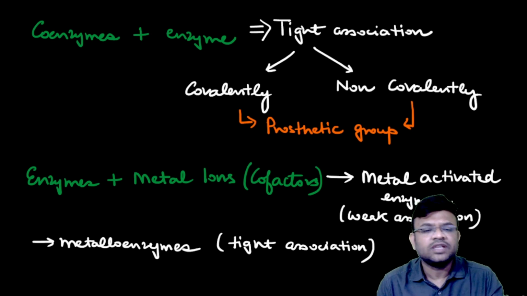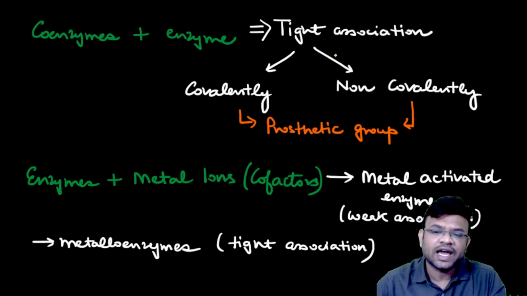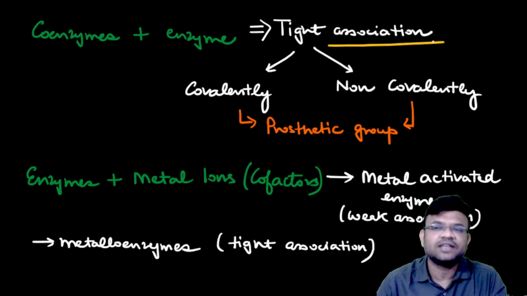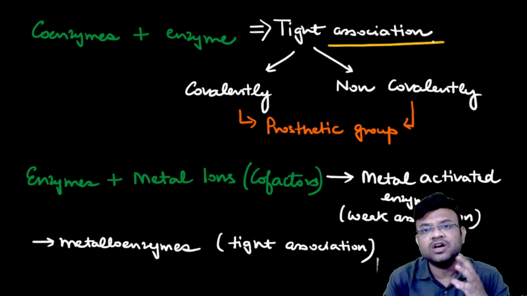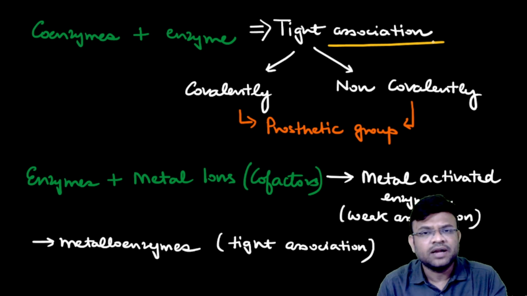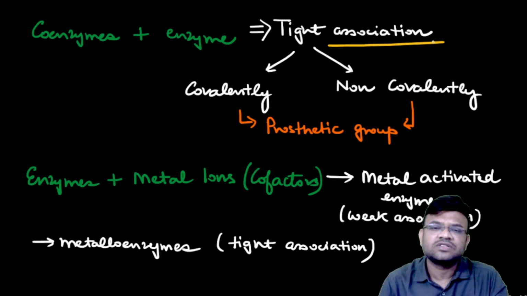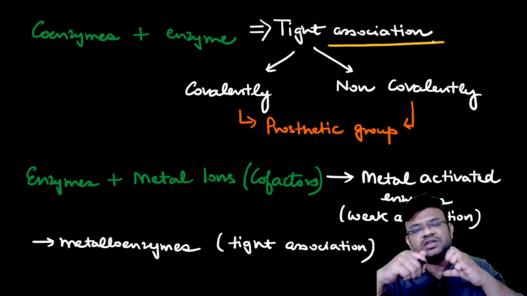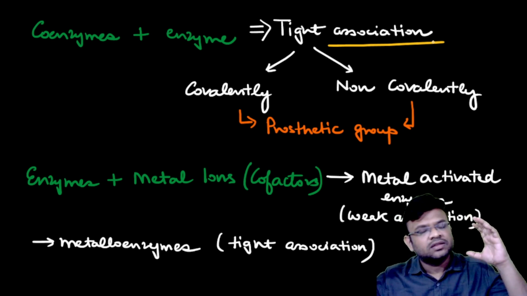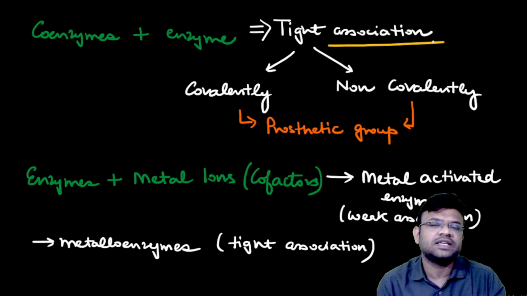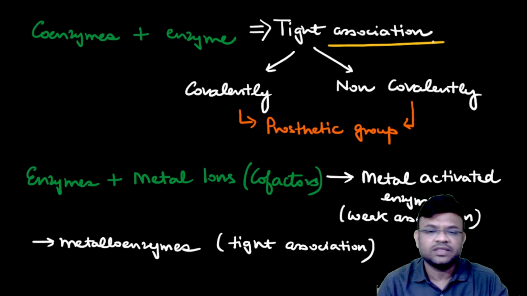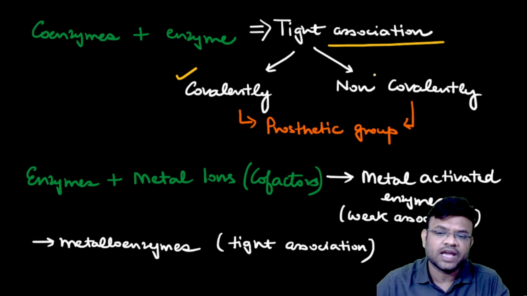Next, when the coenzyme and enzyme have a tight association, that means the association will be there for a longer period of time. But they can be classified on the basis of the bonding. The bond between the coenzyme and the enzyme can be covalent and can be non-covalent.